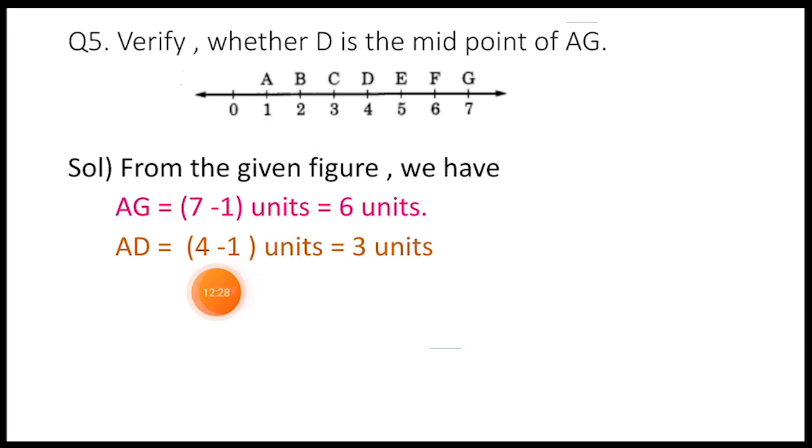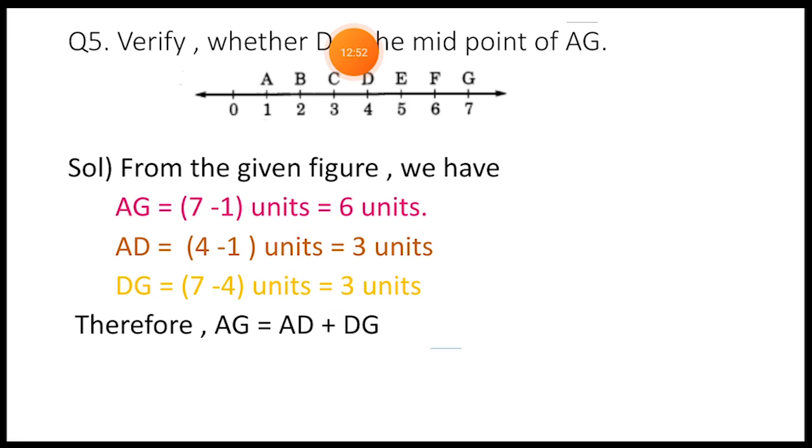So when we subtract 4 units minus 1 unit, we get the distance for AD, which is 3 units. In the same manner for DG also. D is marked above 4 and G is marked above 7. So when we subtract 4 from 7, we get the length of DG, that is 3 units.